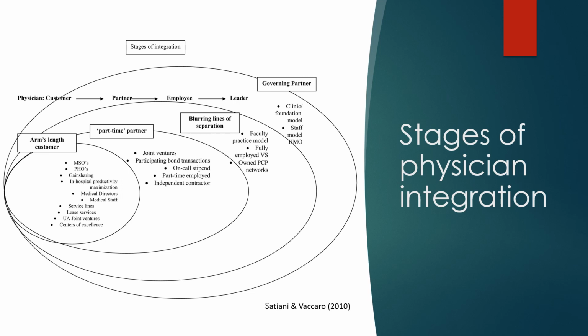Then in the next phase, there's a blurring line of separation, as in a faculty practice model, fully employed versus owned PCP networks. And then the final one, where there's a greater integration as a governing partner. You find this in the clinical foundation model, in the staff model, in an HMO.